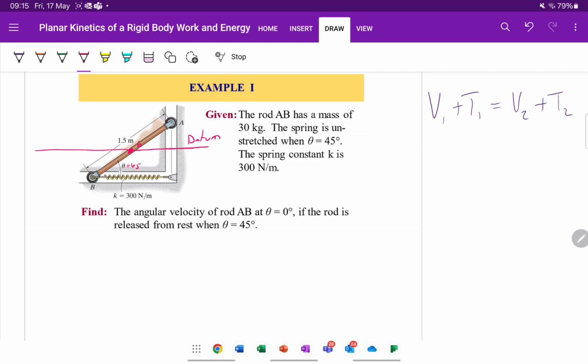Now what that means is, if G is on that line, some of our values are easy to calculate.